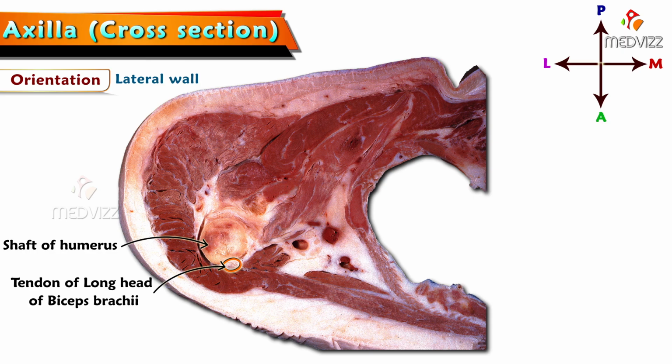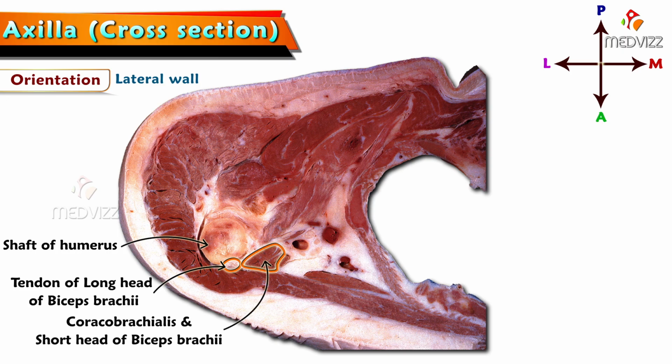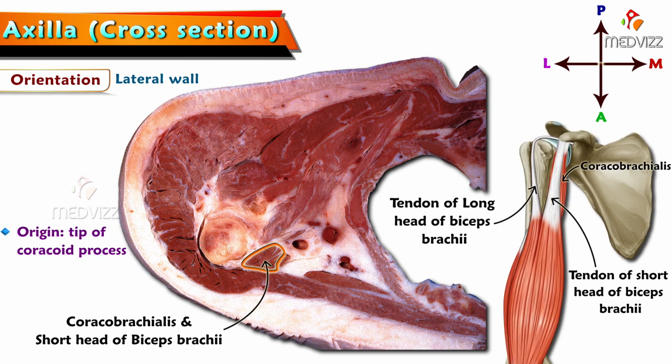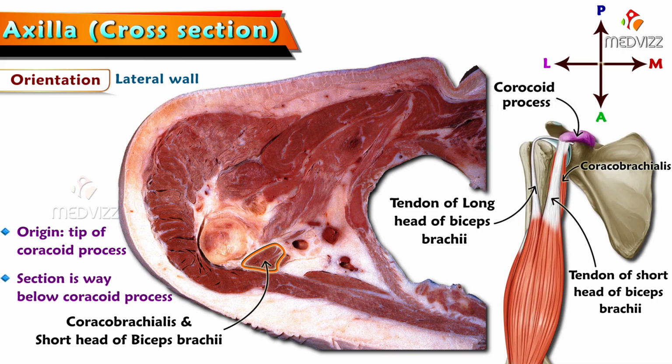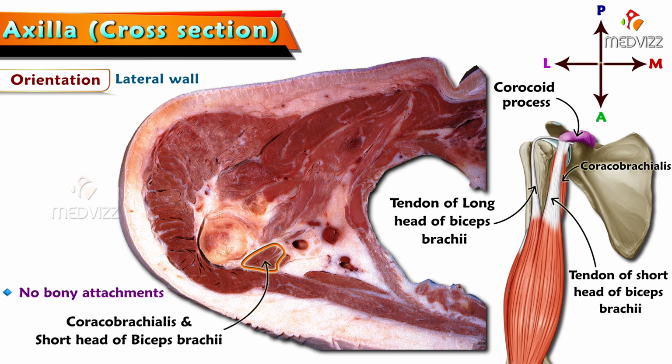We can also observe, near the tendon of the long head of biceps, a muscle formed by the coracobrachialis and the short head of biceps. These two muscles originate from the tip of the coracoid process, but the present section is way below the coracoid process, so they do not demonstrate any bony attachments in this section.